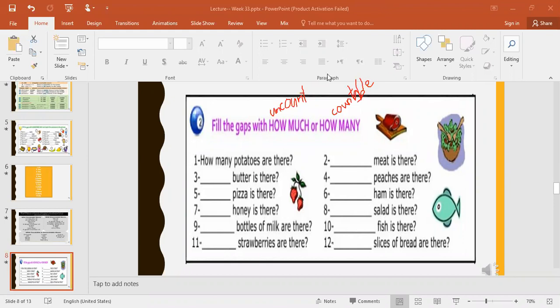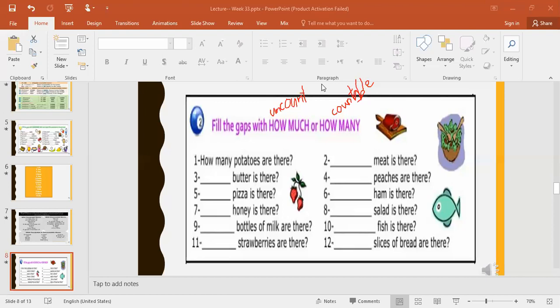Yes. How many bottles of milk are there? How many bottles of milk are there? Very good. Excellent. Why did we say how many bottles, not how much bottles, even though milk is an uncountable noun? Who can explain?